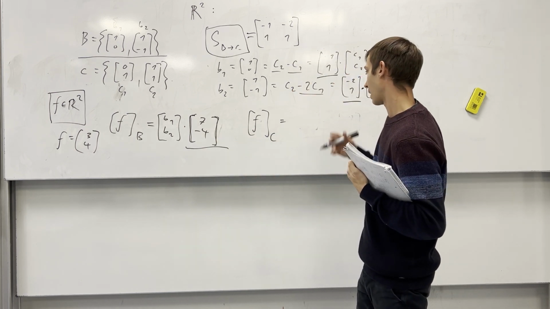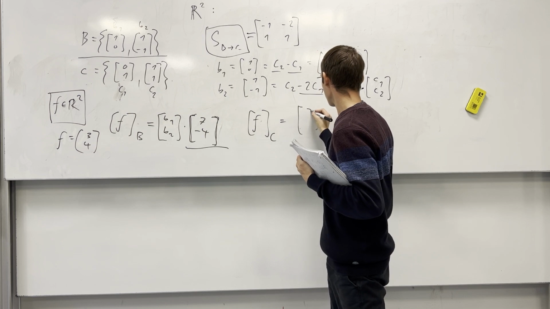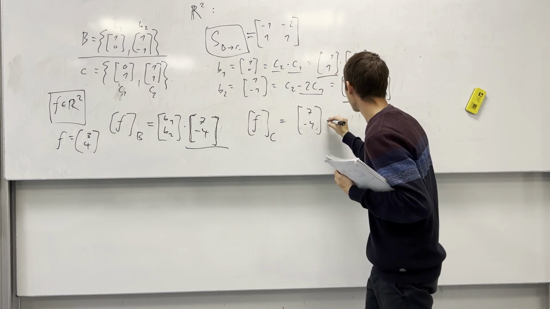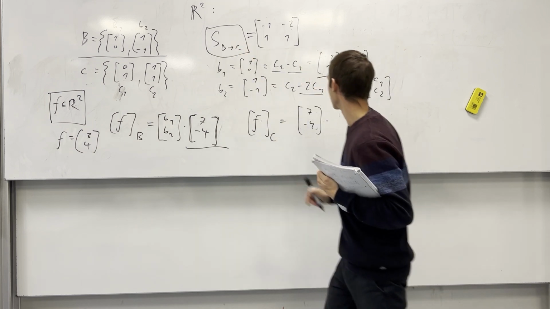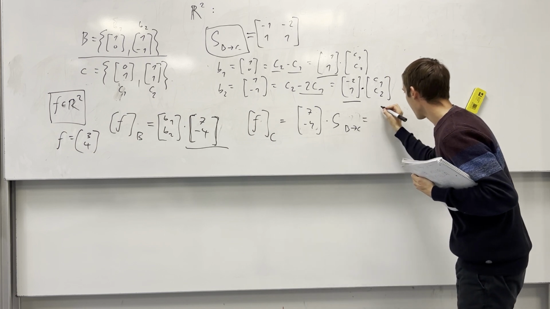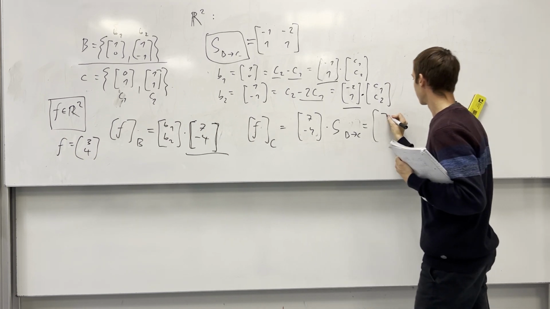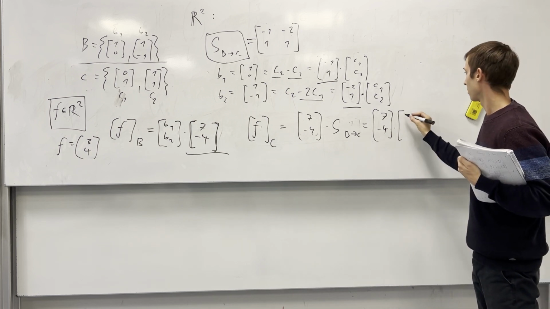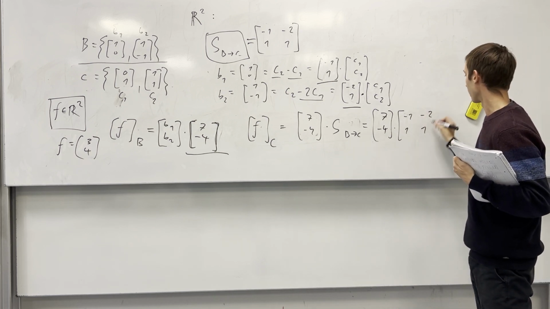all we have to do is take this vector (7, -4) that we found in terms of b, and multiply it by the change of basis matrix from b to c. I plug in there: we have (7, -4) times the matrix with entries -1, -2, 1, 1.